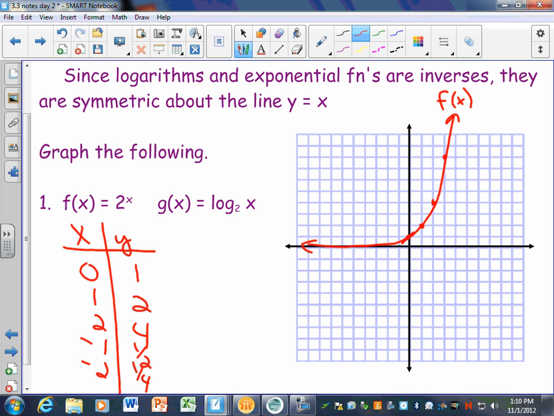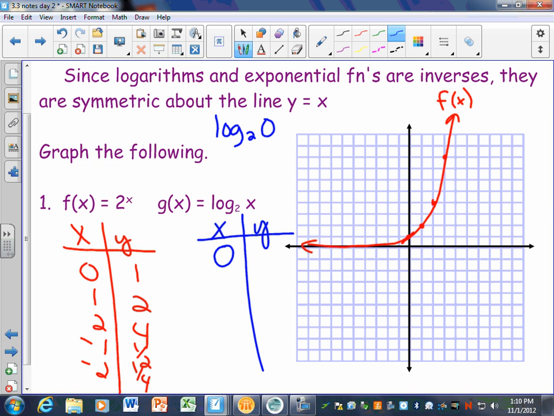If we graph a logarithmic graph, you have to be a little more careful in the values that you pick for your x. Like, let's start with 0. If I pick 0 in this, I get log base 2 of 0.